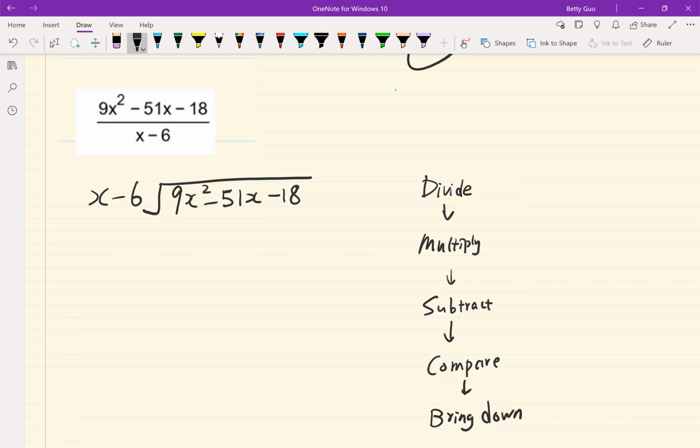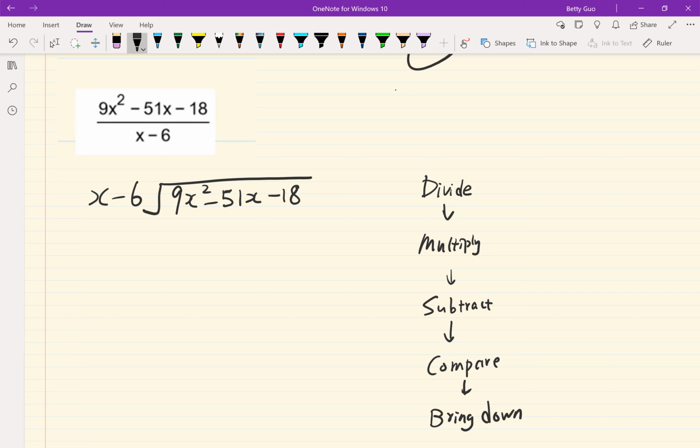Compare, right? Do you have the multiply? You multiply the quotient you got by the divisor, right? You multiply 9x by x minus 6, and you write it down. When you multiply a monomial by a binomial, you have a product.